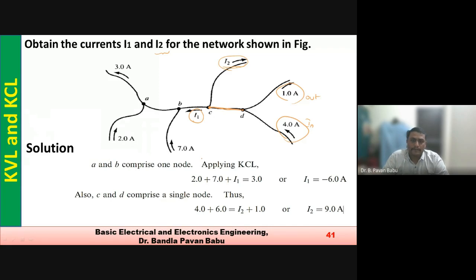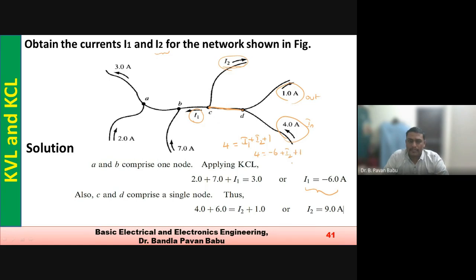So we can write 4 equal to, outgoing is I1 plus I2 plus 1. Already we have found that I1 is minus 6, so substitute I1 as minus 6 plus I2 plus 1.